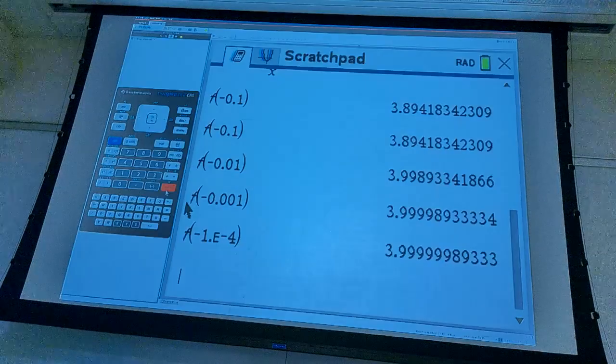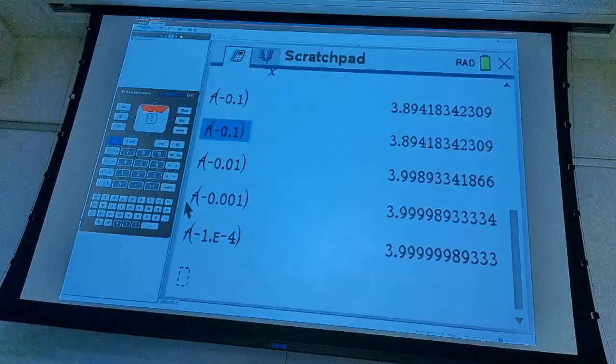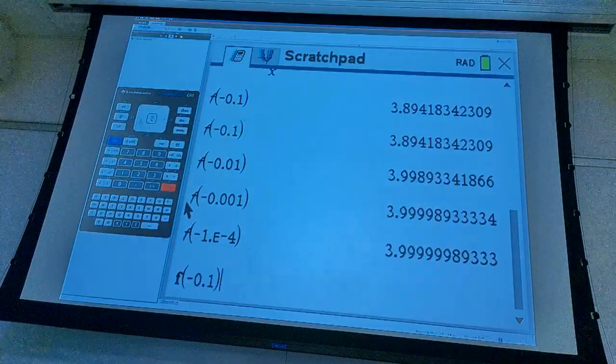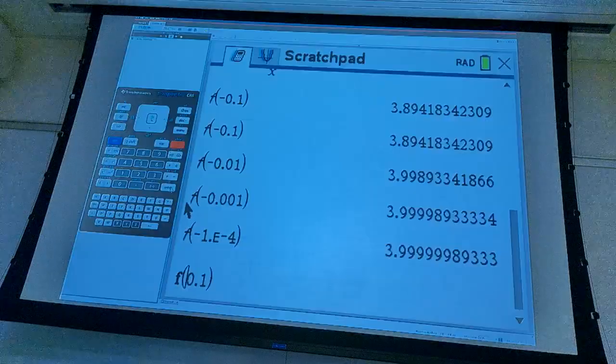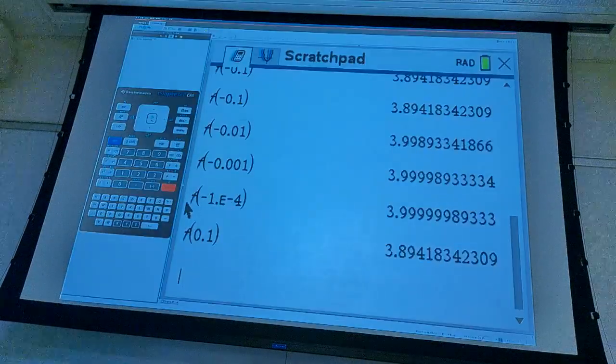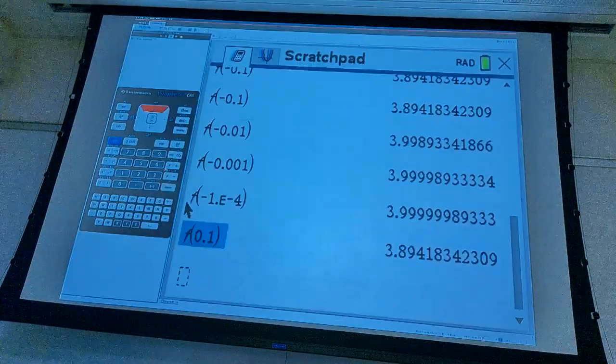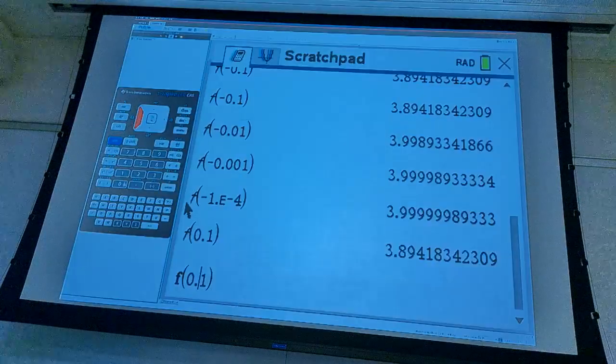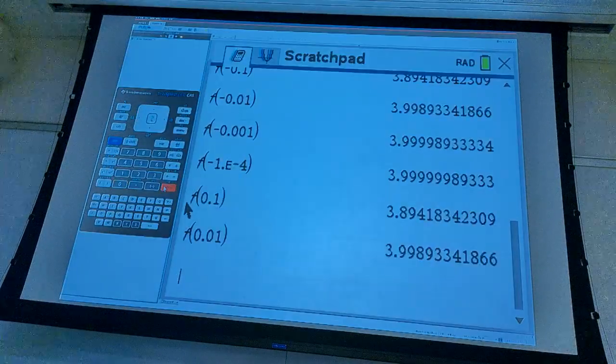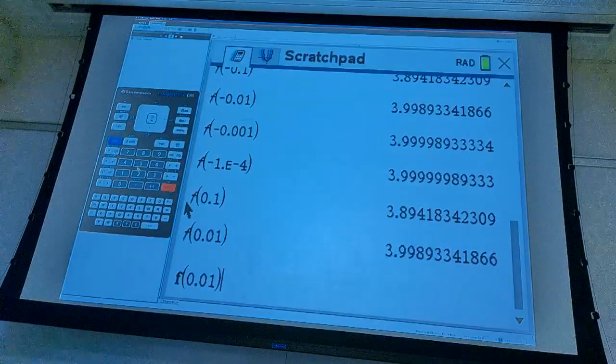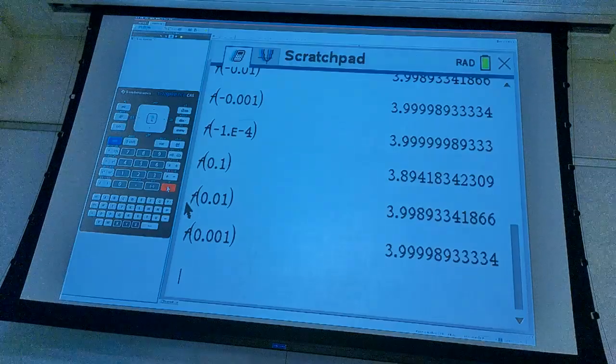Here's before from the left. And we did 4 on the other side, so we're going to have to do it here too.